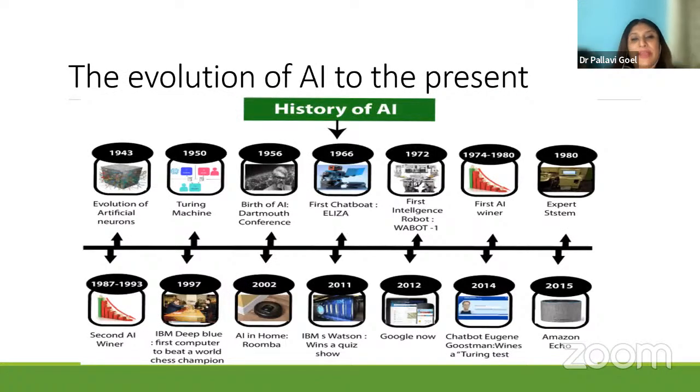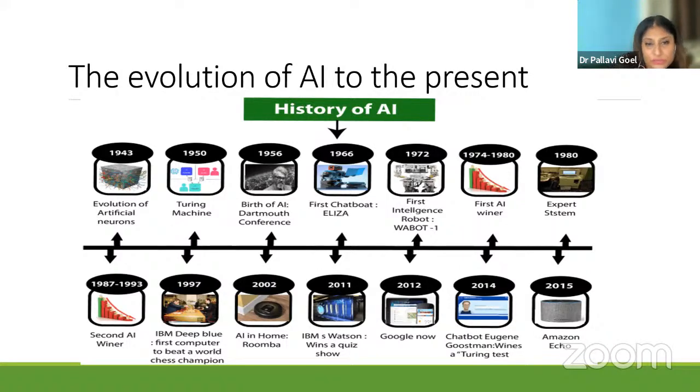The evolution of AI to the present. We already saw the history of AI, but here we can see 1943 to 1980. This is the progress, with evolution of AI every six or seven years.